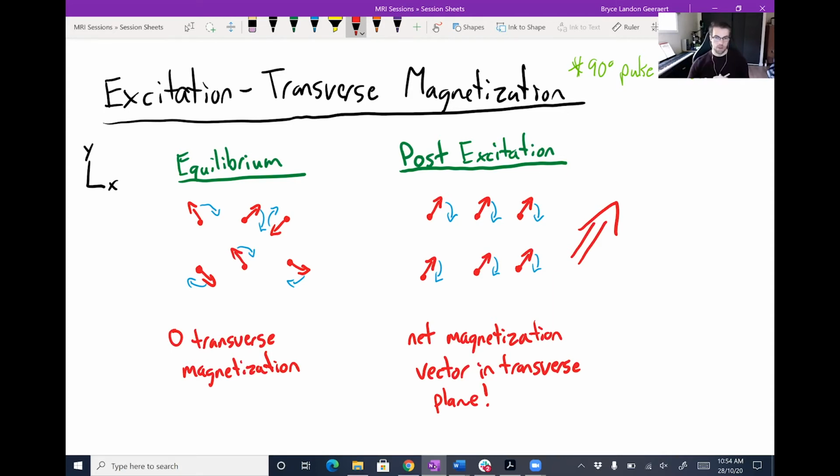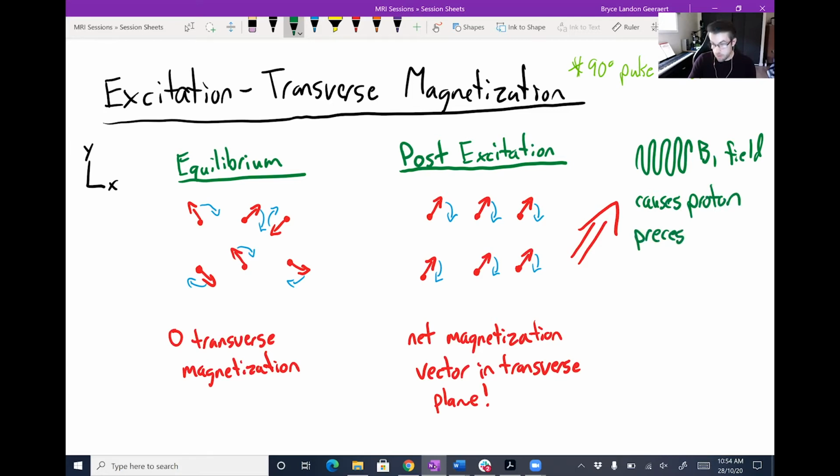So all of their transverse components are adding up to one big component, right? So I'm just going to write that down here. Application of the B1 field causes proton precession to synchronize.